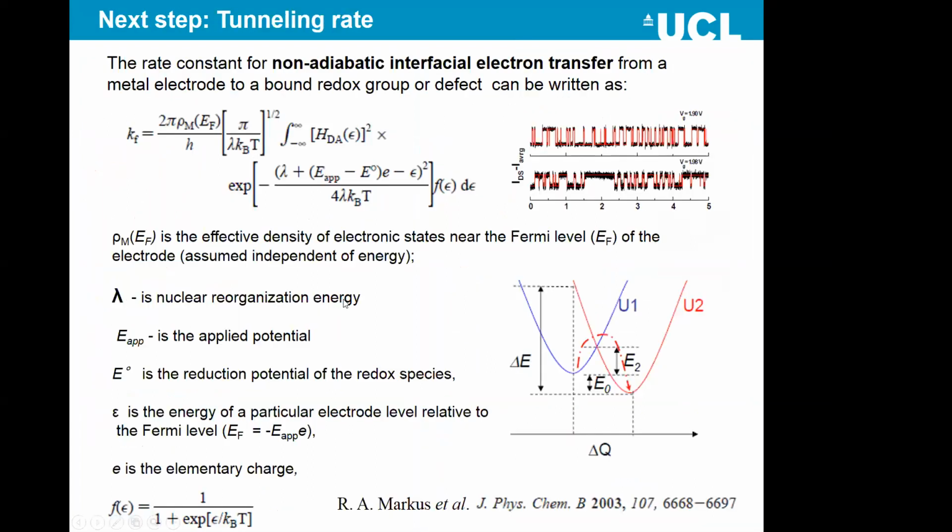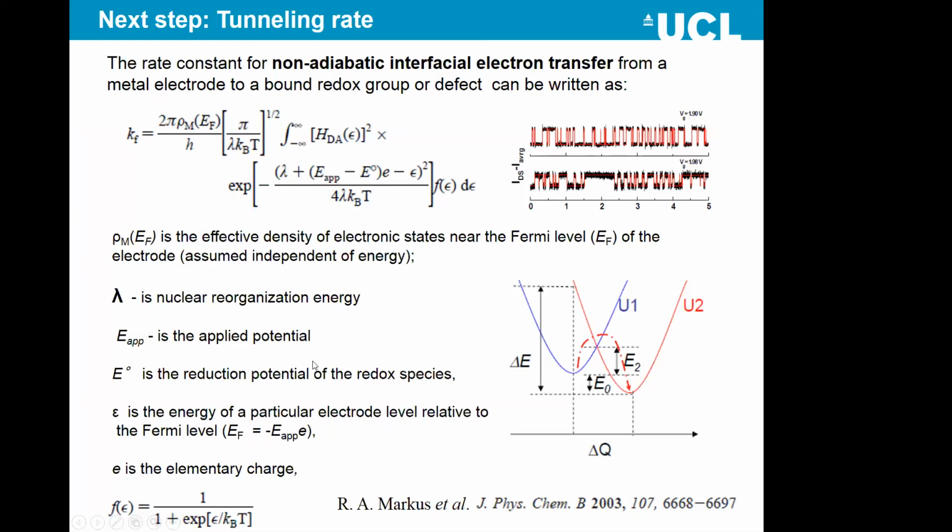Then, in order to compare with experiment, we need to calculate rates for electron transfer between electrodes and these states. We do this using Marcus theory, again very similar in many ways to what Jochen has been talking about. So we need to calculate the reorganization energies, and we need to calculate positions of the states.